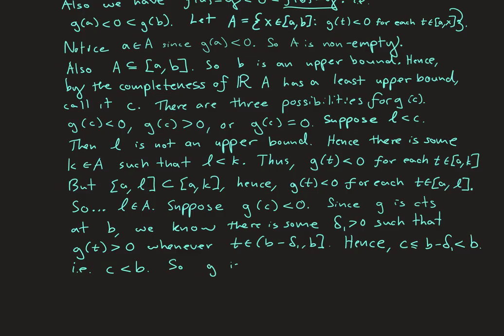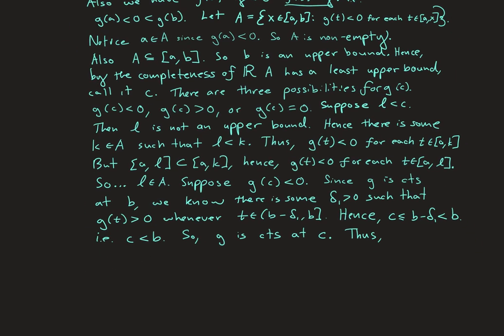g is continuous at C. So, thus, therefore, that's what a proof looks like. Thus, there is some delta 2 bigger than 0 such that, again, we are supposing that g of c is less than 0.